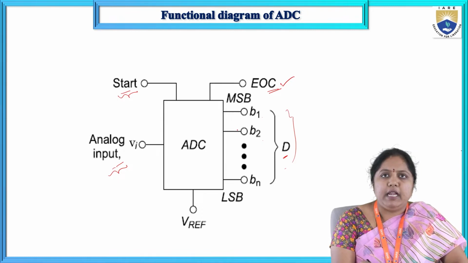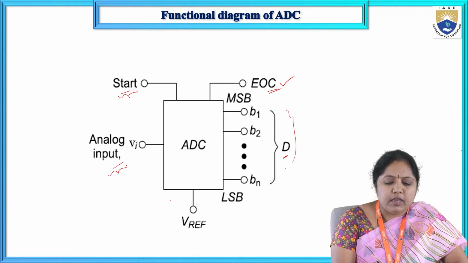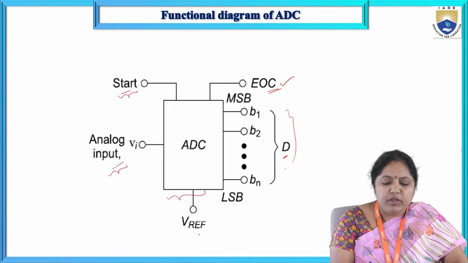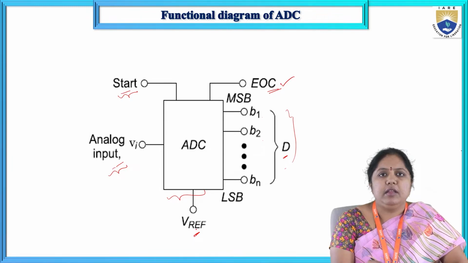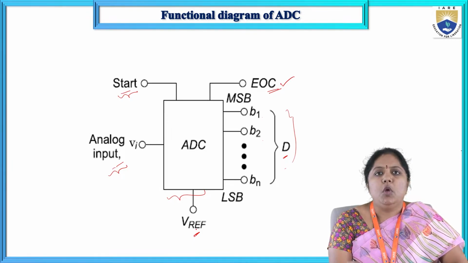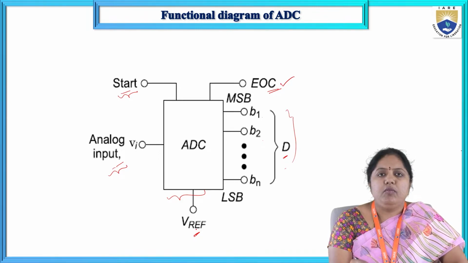For this entire process, the conversion is done by taking the reference voltage into consideration, because the analog signal is being converted to binary form. The binary forms are ones and zeros. So with respect to the reference voltage V reference, it converts the analog signal into the binary word.